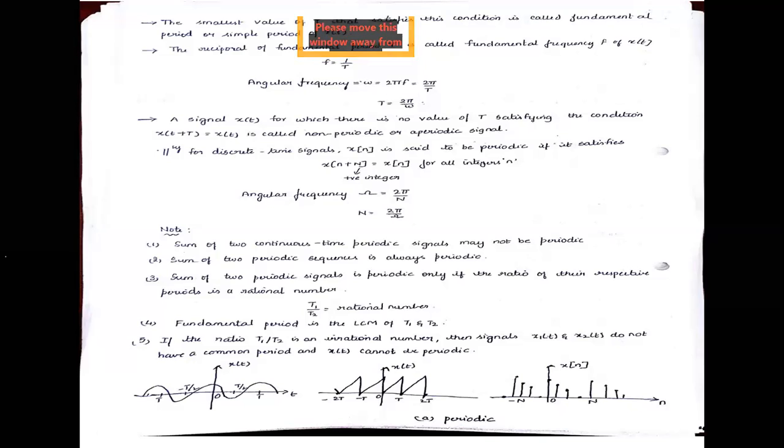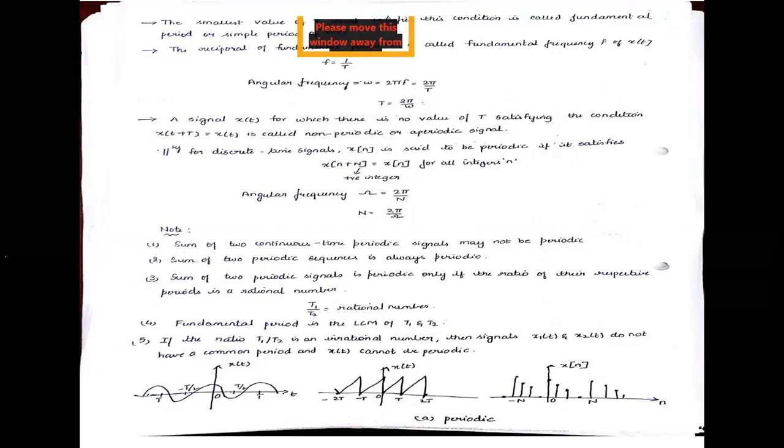You can read this. The sum of two periodic signals is periodic only if the ratio of their respective periods is a rational number. Suppose two signals are given.